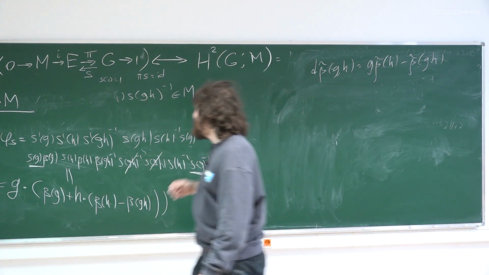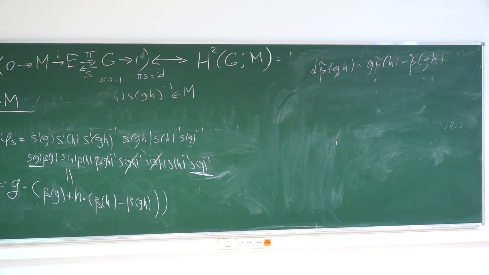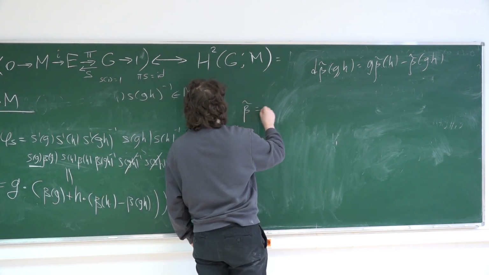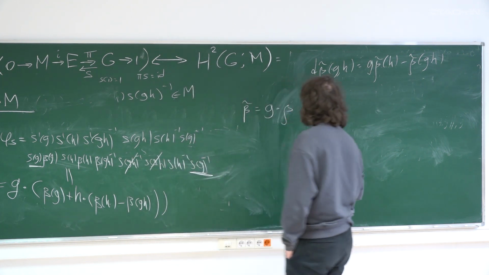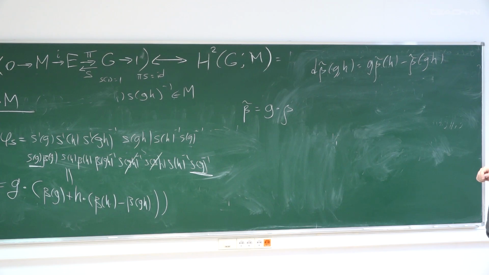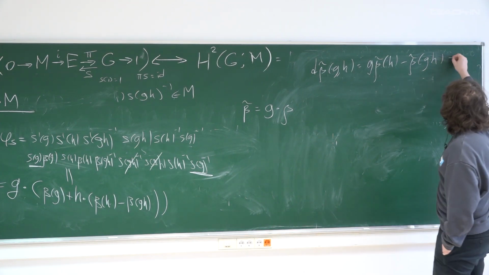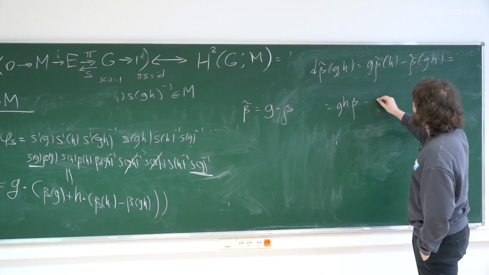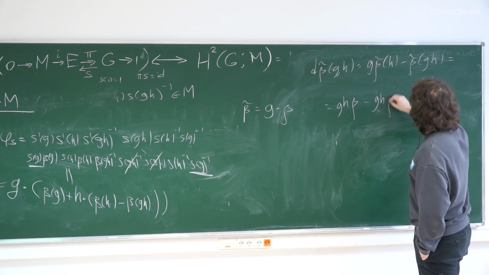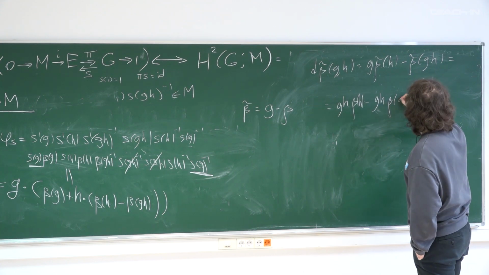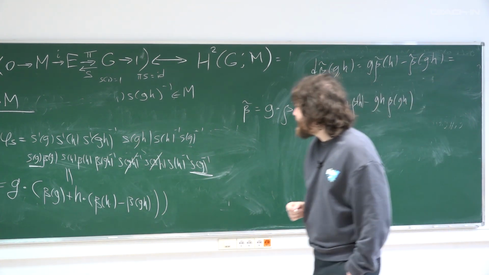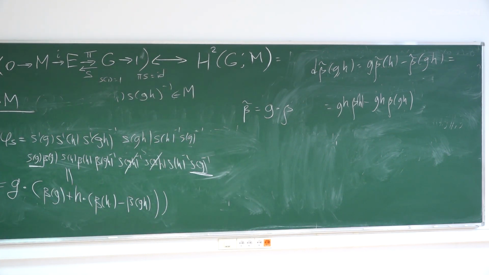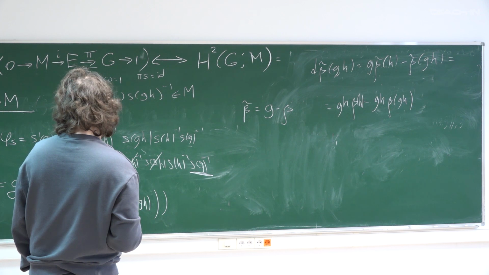But if we define beta tilde by the G action of beta, then this thing will be equal to GH beta minus GH of H. Oh, stop, one second.